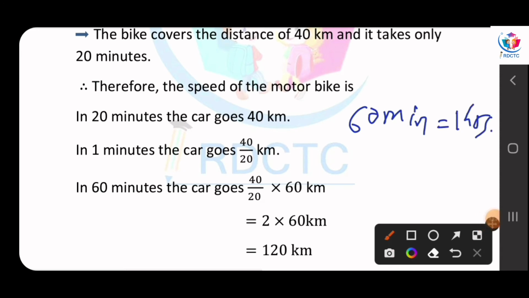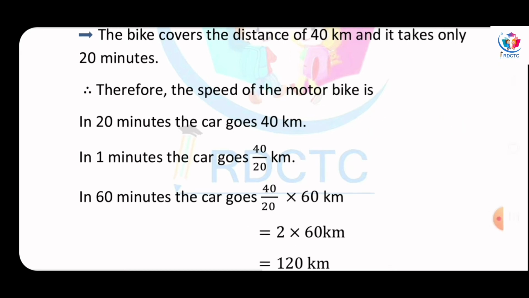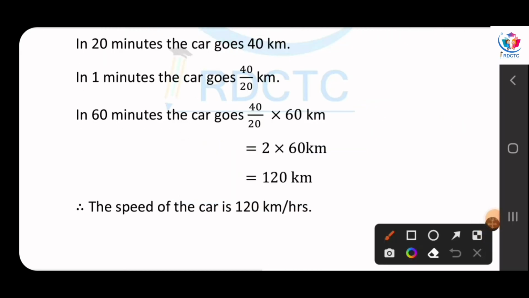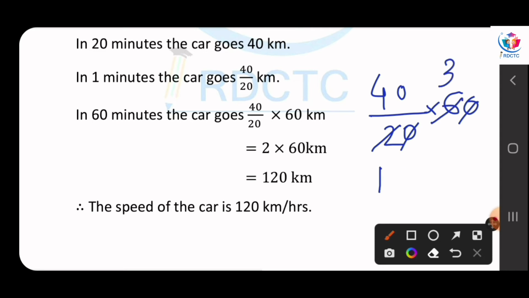Okay, in 60 minutes the bike goes 40 by 20 into 60. Now we cut, here I cut zeros. Now 2 ones are 2, 2 threes are 6. Okay, 40 into 3 by 1, and we get 120.